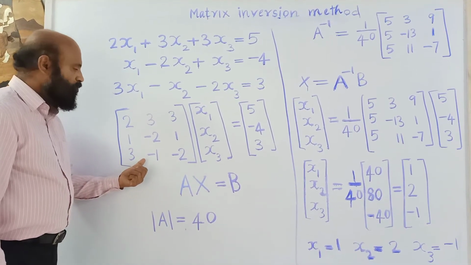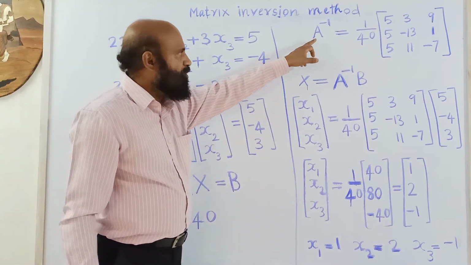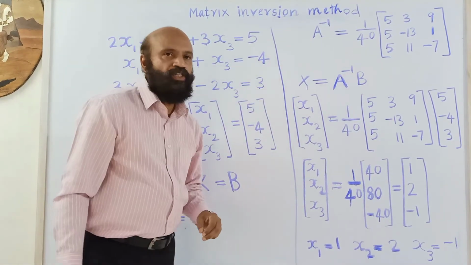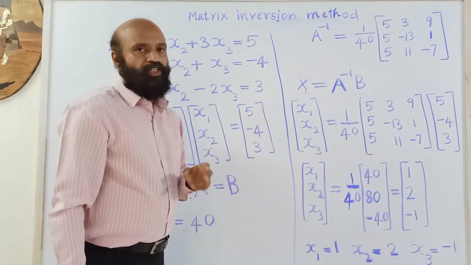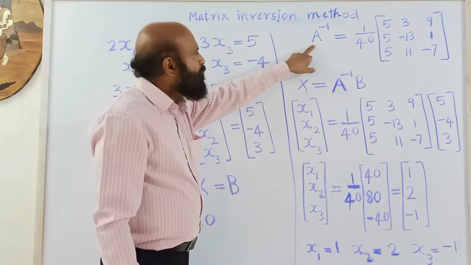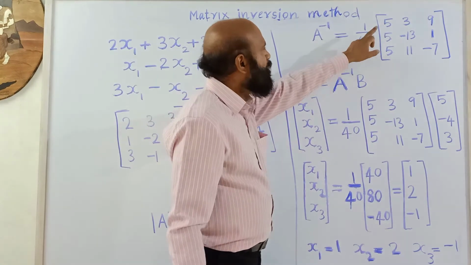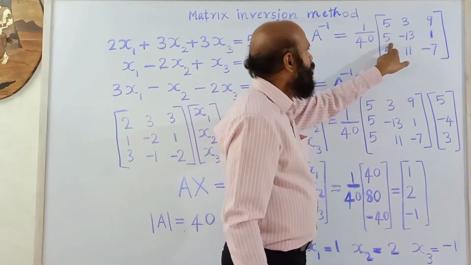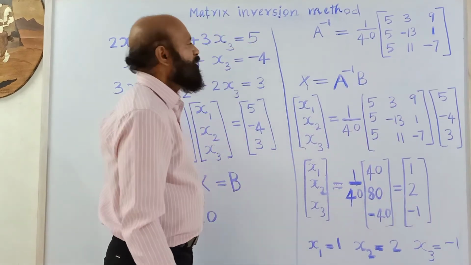So if this is a non-singular matrix, we can find the inverse of the matrix. So how to find the inverse of a matrix? I have already explained in a previous video, so I am not explaining that once again. Inverse can be got like this: 1 by 40, then 5, 3, 9, 5, minus 13, 1, 5, 11, minus 7.